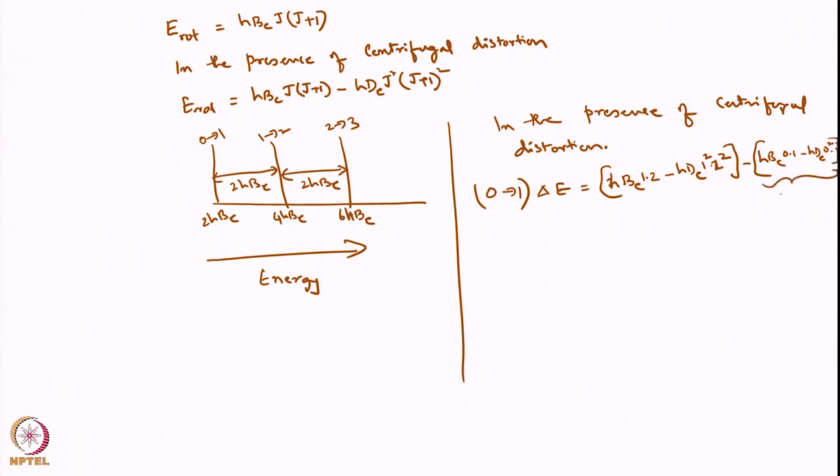Okay. So, this term essentially is going to be 0. So, your delta E for 0 to 1 will be equal to 2 h B_e minus 4 h D_e.